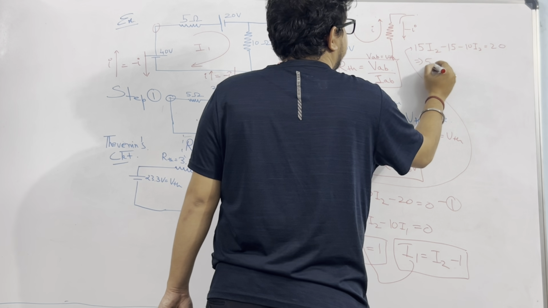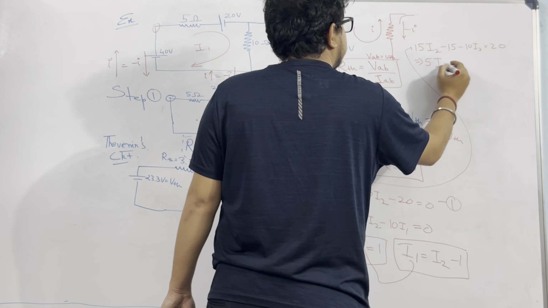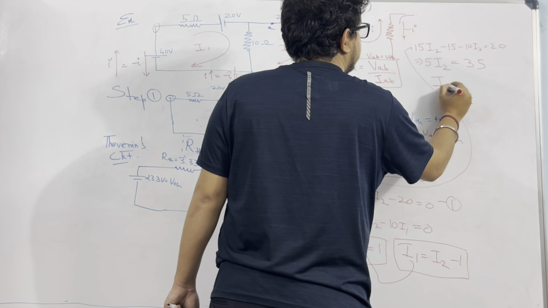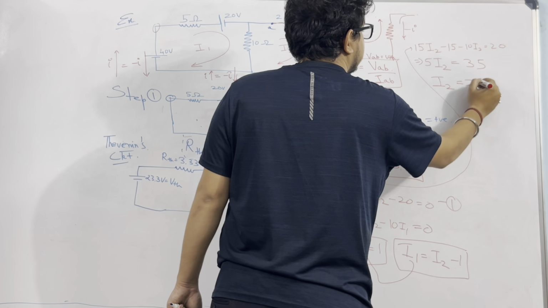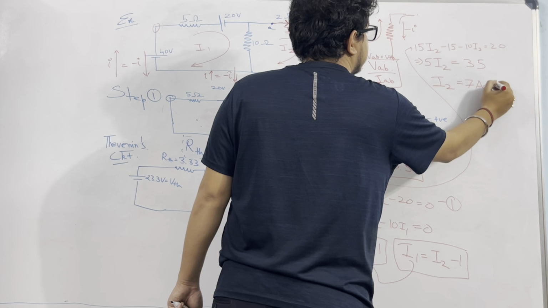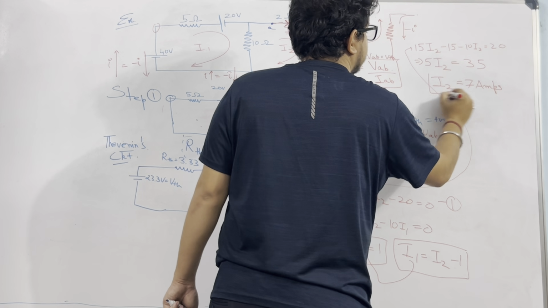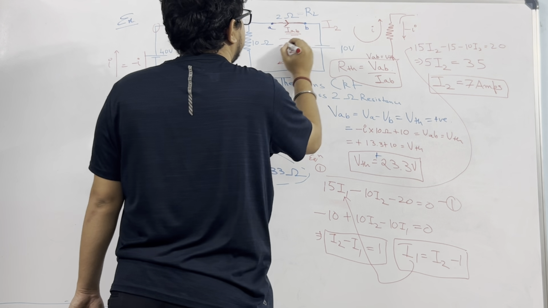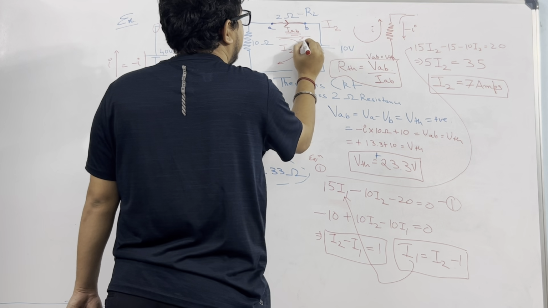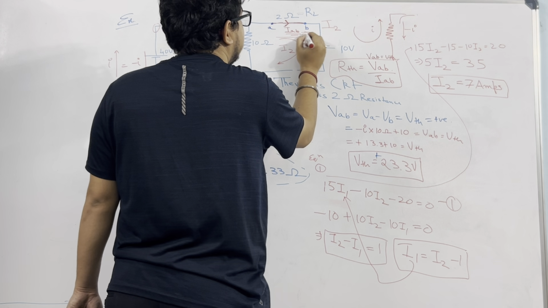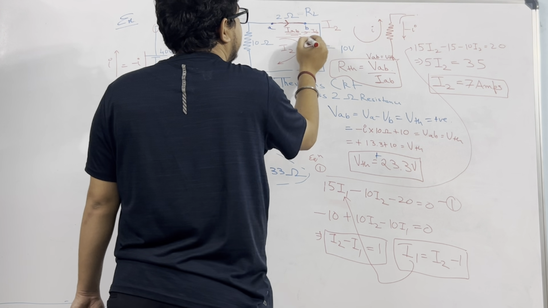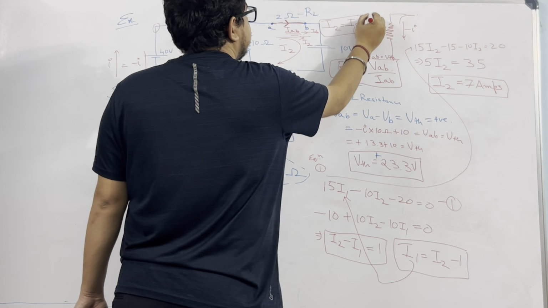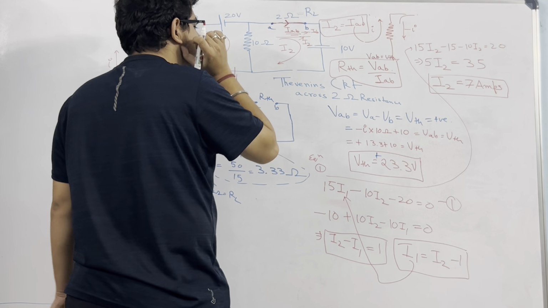So in short, 5 I2 will be equal to 35. So I2 will be equal to 7 amps. So I2 is equal to IAB here, because I assume this is the direction of I2, and this is also the direction of IAB I assume. So directly same direction, same current. So I2 will be equal to IAB.